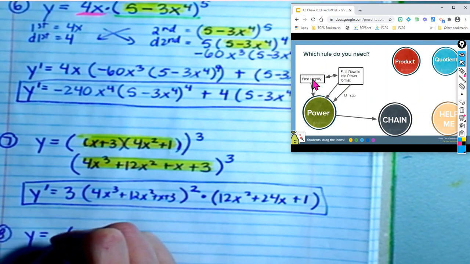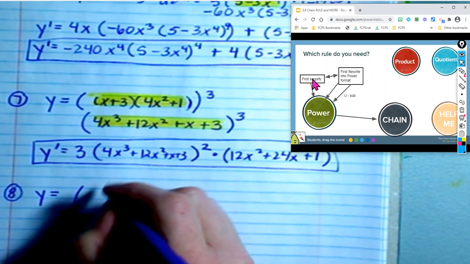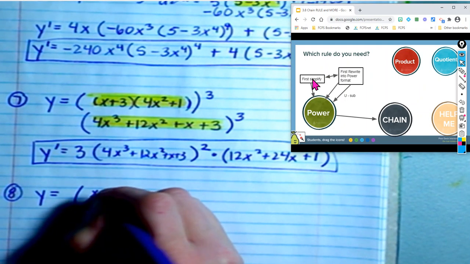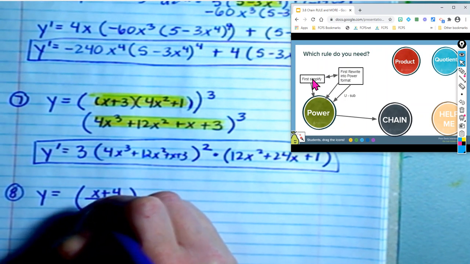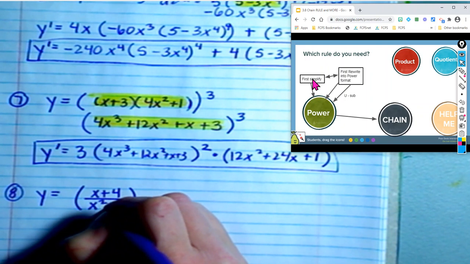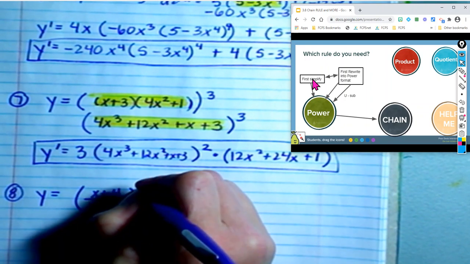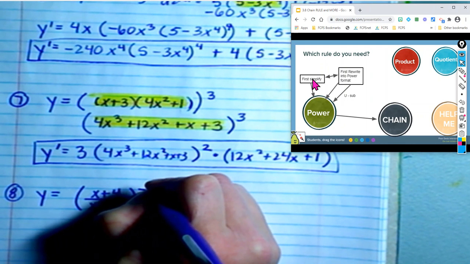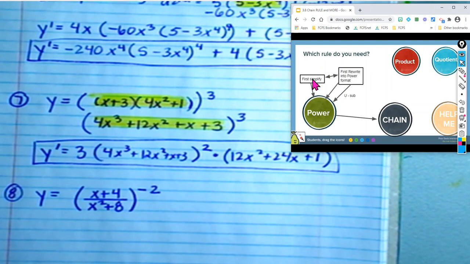Okay, let's look at 8. y equals, ooh, big parentheses over and negative 2. Wow. Okay, sure, let's do it. All right.